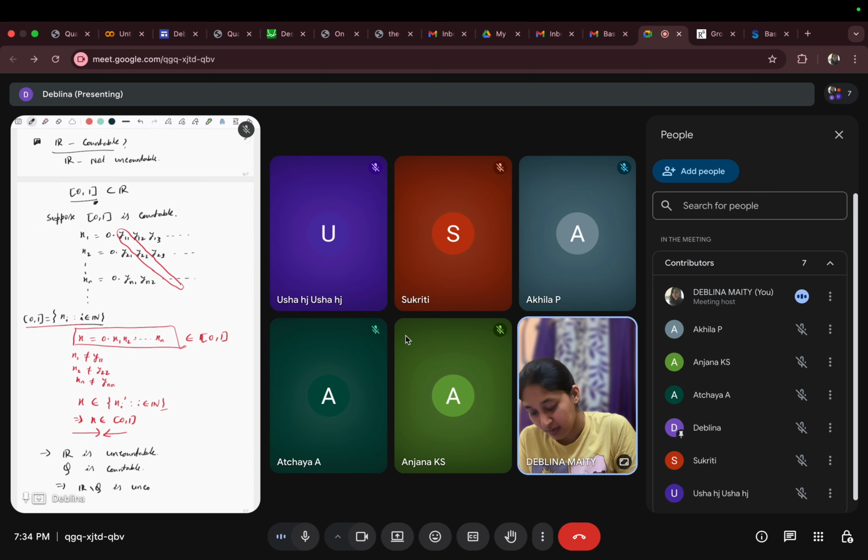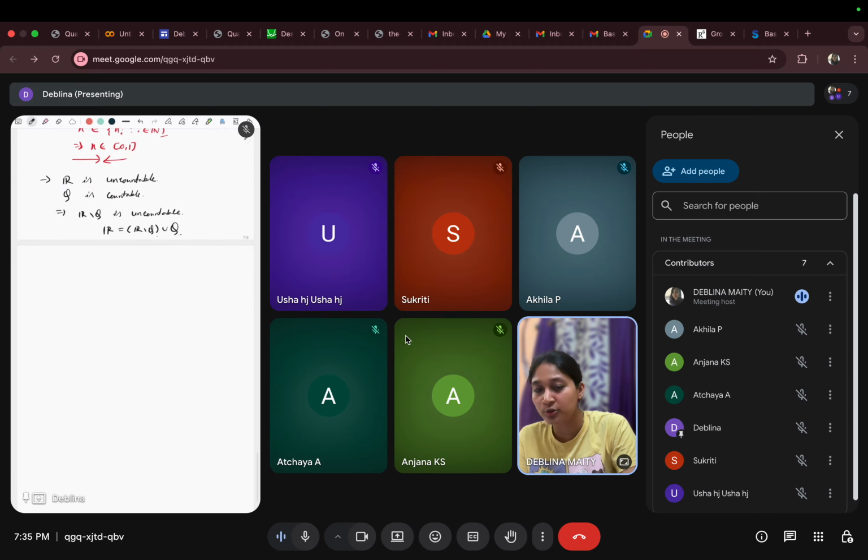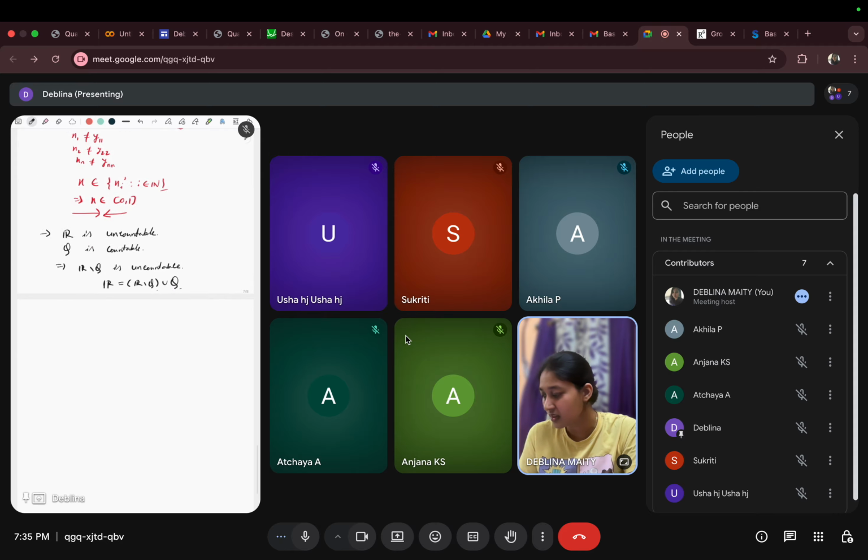Because R is the union of R minus Q and Q, and if both of them were countable, then a countable union of countable sets would also be countable. So R minus Q cannot be countable since R is uncountable. So the set of irrational numbers is also uncountable, right?